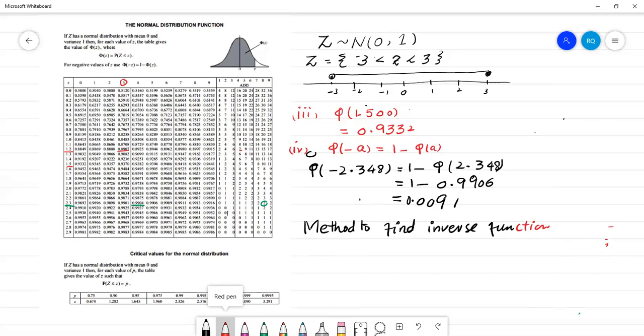If you want to find phi inverse of 0.6739, to find the inverse value, the number must be greater than or equal to 0.5.